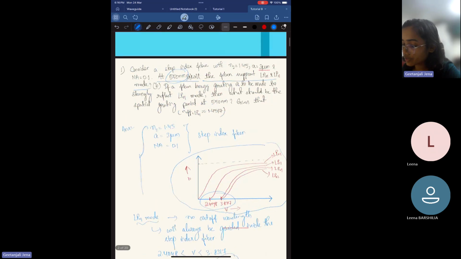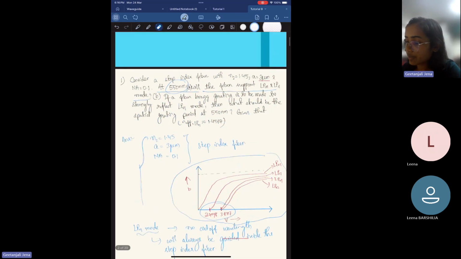Now next, what we have in the B part: if a fiber Bragg grating is to be made to strongly reflect the LP01 mode, then what should be the spatial grating period at 550 nanometer, given that the effective index for LP01 mode is 1.4517.